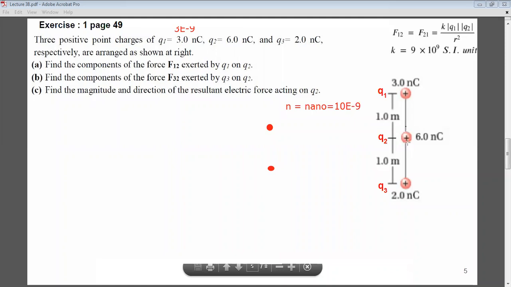So this is positive and this is positive. It means it will repel it. So the force will be a repelling force downward. Okay, this is F12. This is Q1 here. This is Q2.